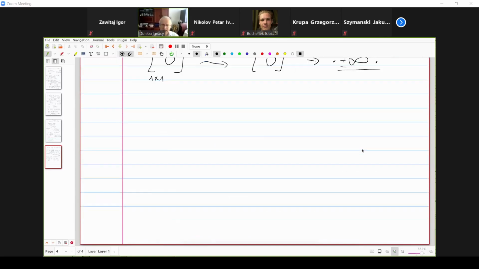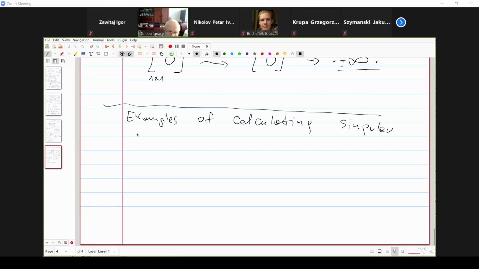So let's make a few examples. The first example, very standard: the planar double pendulum.